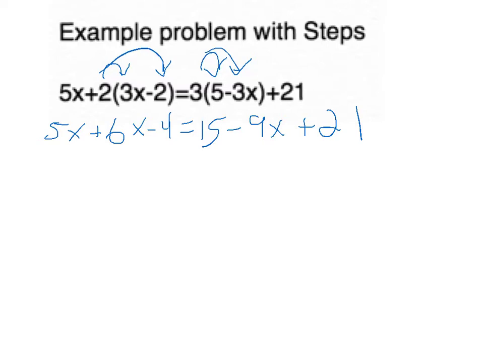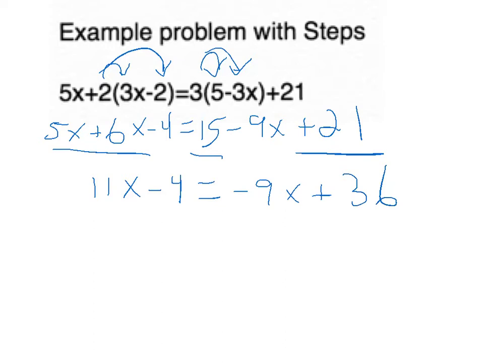From here, I want to combine the like terms. Like terms here are 5x and 6x. That gives me 11x minus 4 equals, on the other side, my like terms are positive 15 and positive 21. So that gives me negative 9x plus 36.